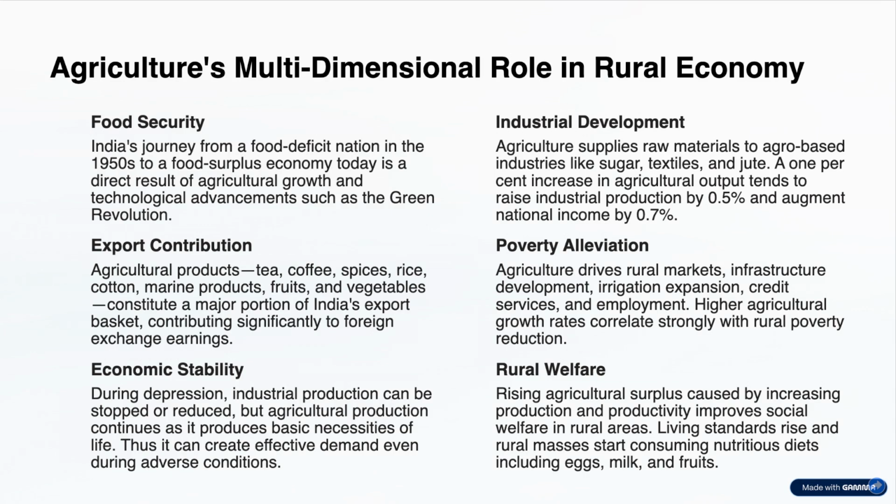Now, the role of agriculture in industrial development. We all know that there is a linkage between agriculture and industry. The role of agriculture in industry can be highlighted as supplier of wage goods to the industrial sector, provider of raw materials to agro-based industry such as sugar, textile, jute, etc., and generator of agricultural income that creates demand for industrial products.